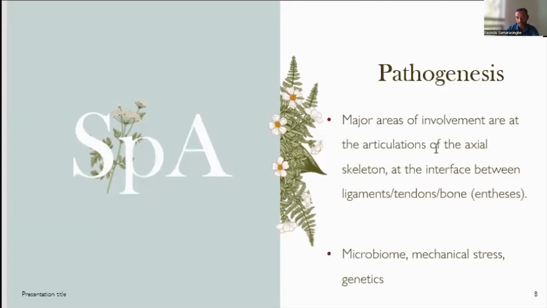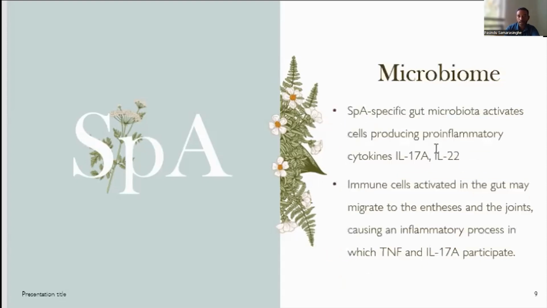Enthesis means where the ligaments and tendons attach to bone, and that's the characteristic site of inflammation in the pathogenesis of these disorders, and it is involved in the axial skeleton. In the pathogenesis, they say the microbiome, the gut, mechanical stressors, and genetics play a role. I'll briefly go through the pathogenesis.